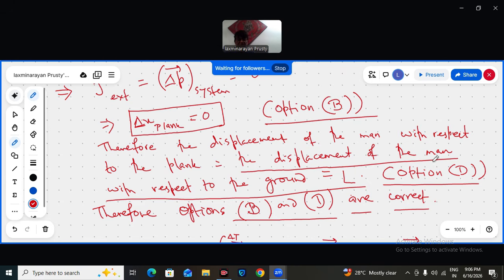So with respect to the ground also the displacement magnitude of the man is L only.